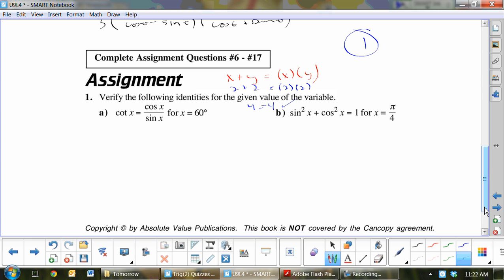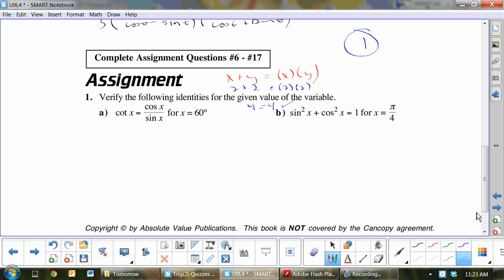Now there's 2 ways I can go about this. Try multiple values or try a proof. And I don't know how to prove this. It's so not true. It's hard to prove it's not true. Okay? But just watch. When you try 60 and you get the same answer, does that mean they're the same?